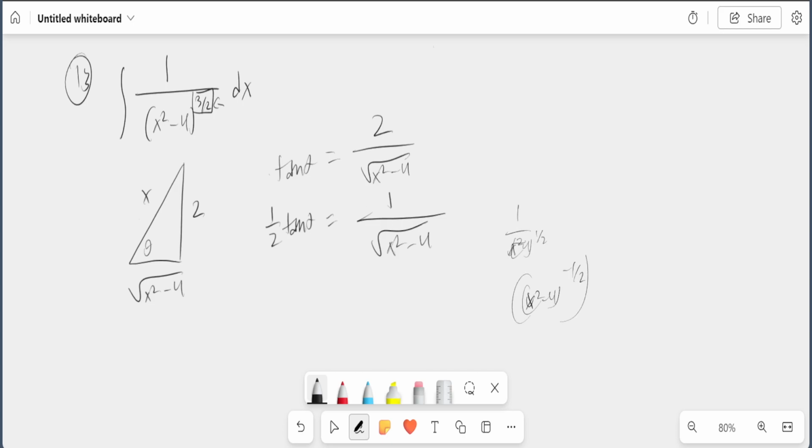Sorry, I'm being kind of slow for some reason. There we go. So raise it to the cube power, and that should work. So tangent cubed theta over 8 is equal to 1 over x squared minus 4 to the 3 over 2. Okay, that's one piece. And we need a dx.